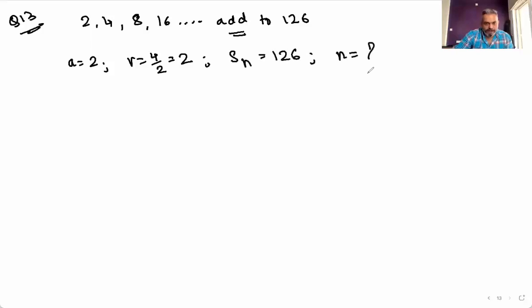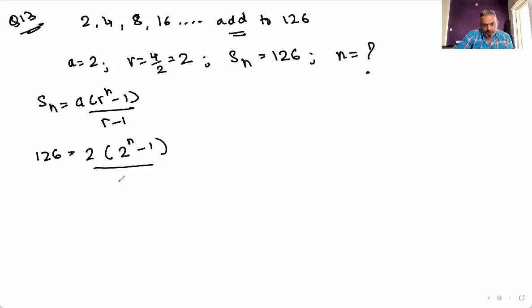We have to find n. So Sn is equal to A into R raised to n minus 1 upon R minus 1. So 126 is equal to 2 into 2 raised to n minus 1 upon 2 minus 1, which is 1.